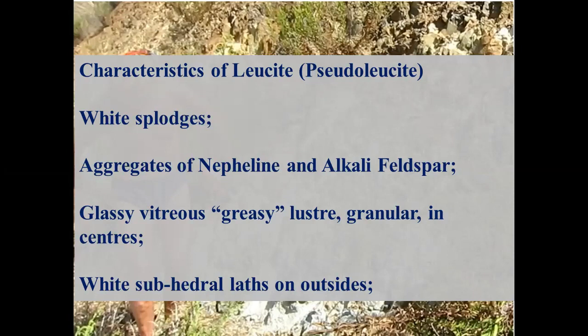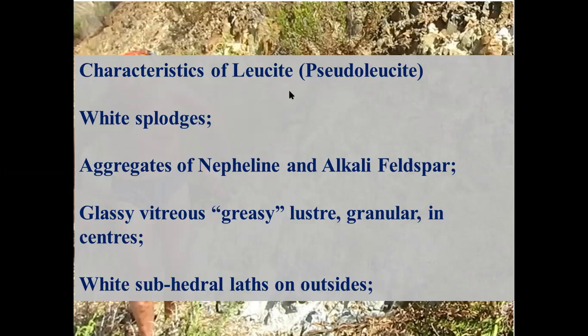And again, it's formed when there isn't enough silica to make proper feldspar. Now, leucite is relatively unstable in a lot of rocks.